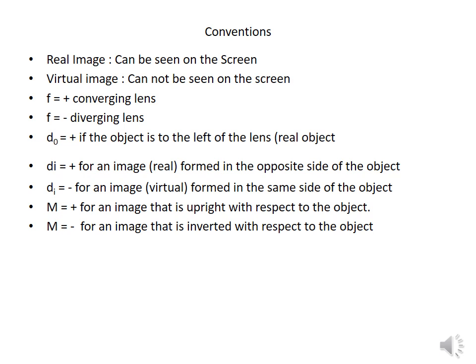M is positive for an image that is upright with respect to the object, and M is negative for an image that is inverted with respect to the object.